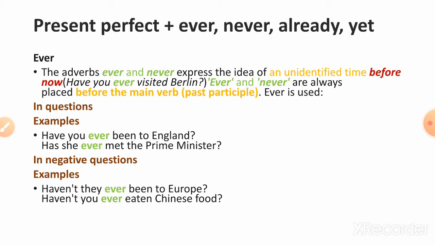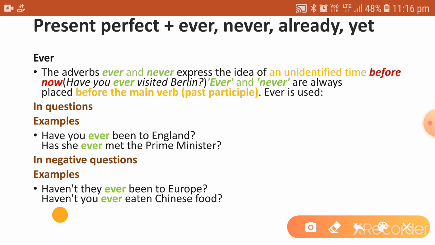Here, haven't is have plus not, mixed together with the o omitted and an apostrophe used, and it makes haven't. Yes, here are some questions. Ever means anytime.